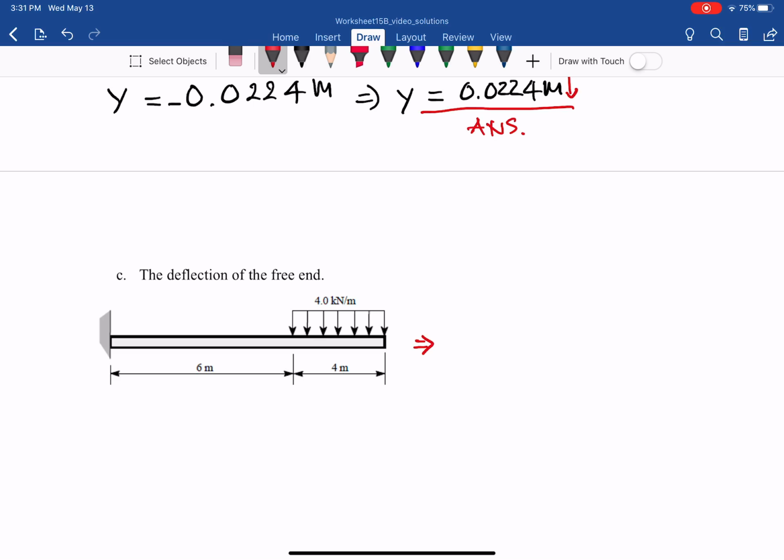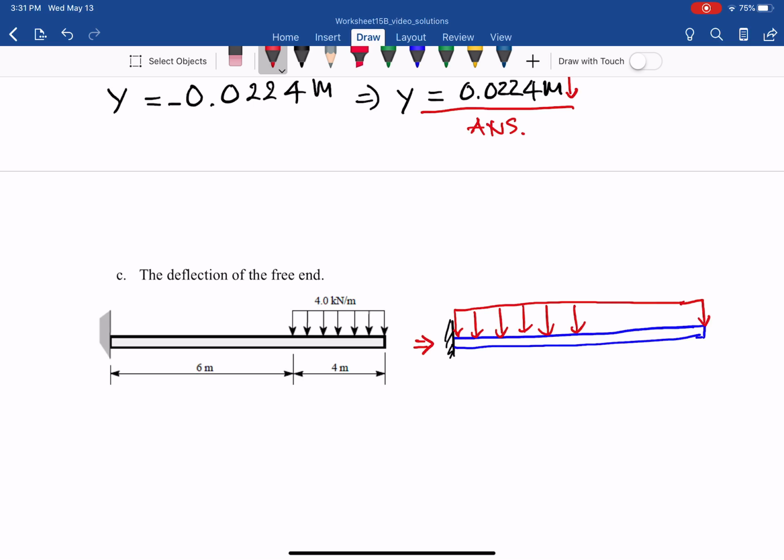Can I make the cantilever with the load equivalent to the cantilever with the same length, with all the load throughout, and that 4 kilonewton per meter?